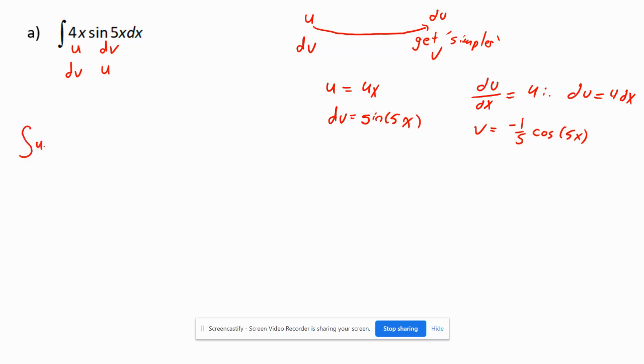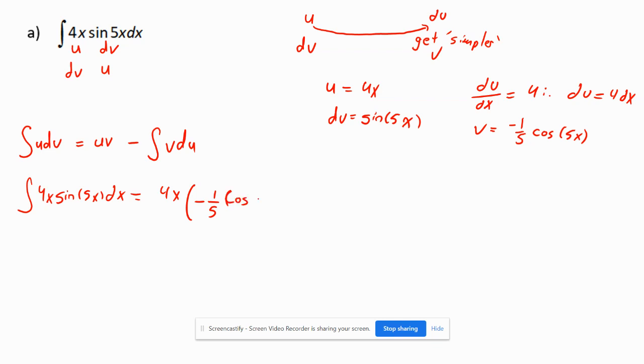So we have u dv equals uv minus the integral of v du. All right. So we have the integral of 4x sine 5x dx. uv is 4x times negative 1/5 cos of 5x, minus the integral of v du.